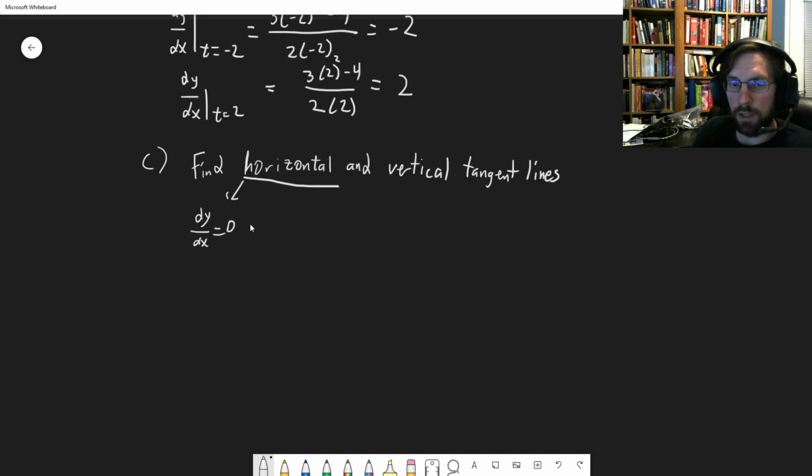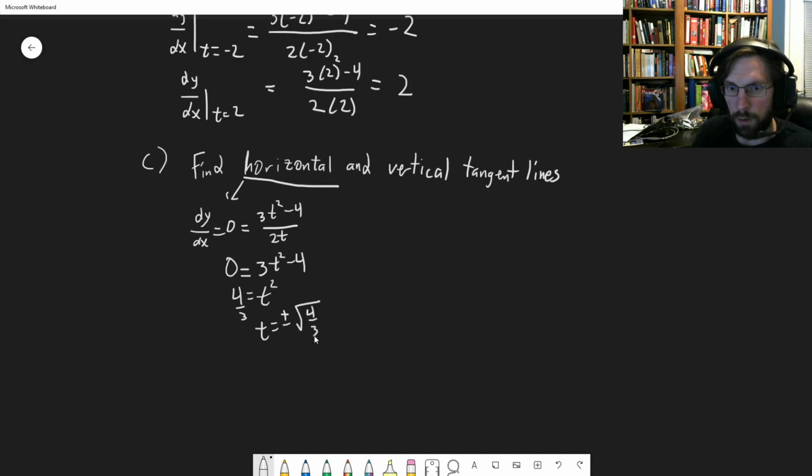Our dy dx we found before was 3t squared minus 4 over 2t. So this is going to be equal to 0 when 3t squared minus 4 is 0. So 4/3 is t squared, which means t is plus or minus the square root of 4/3, something a little bit bigger than 1.